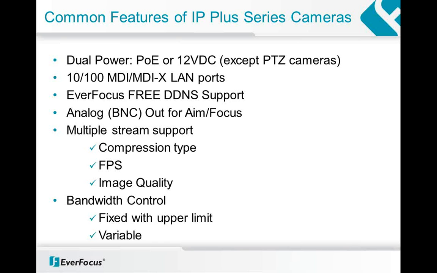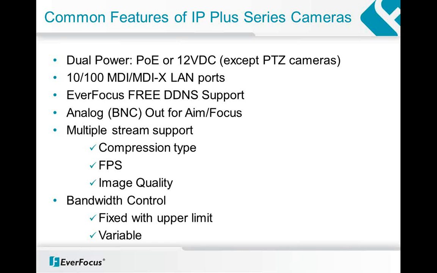EverFocus provides a free DDNS service, or supports DDNS using our DDNS server. There is an analog BNC output for focusing the camera with your little test monitor, instead of having two people, one at the server end and one up on the ladder trying to focus it. You can use the BNC output port to focus the camera at the location.